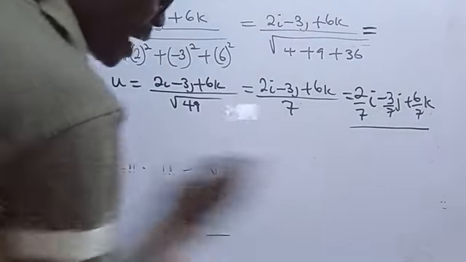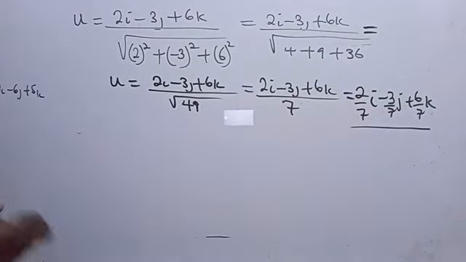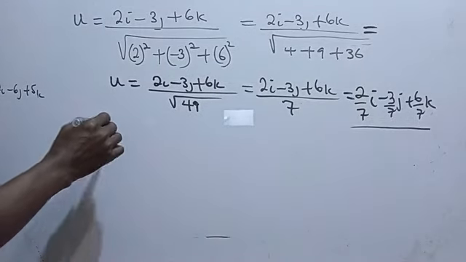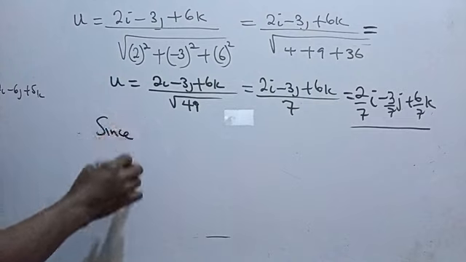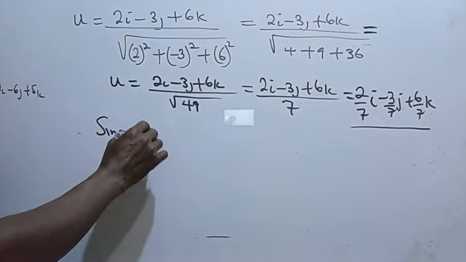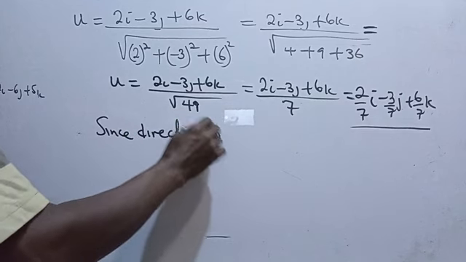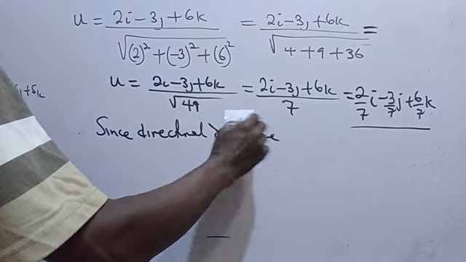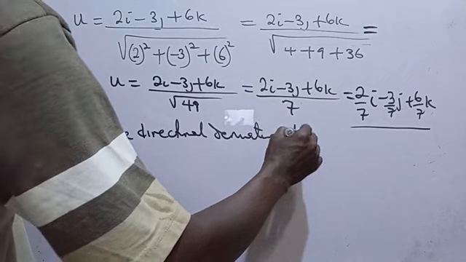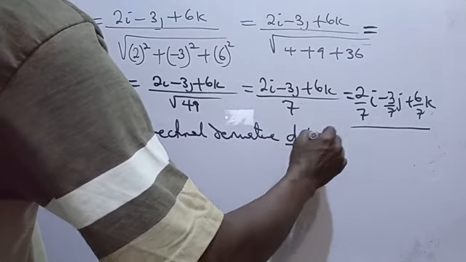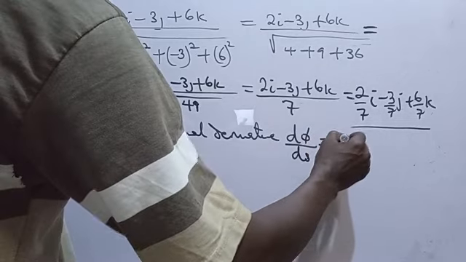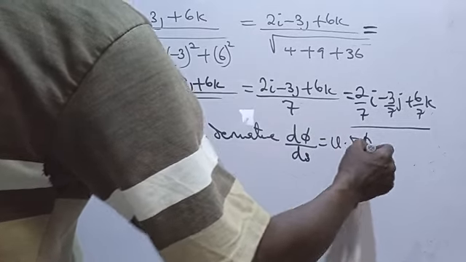Now apply the formula by substitution. Since it is the directional derivative, dphi over ds is equal to what? U dot grad phi.